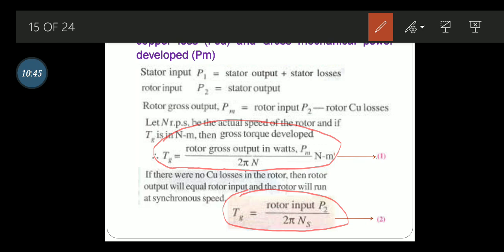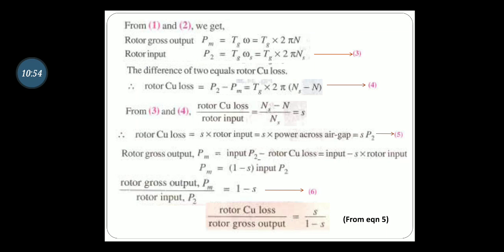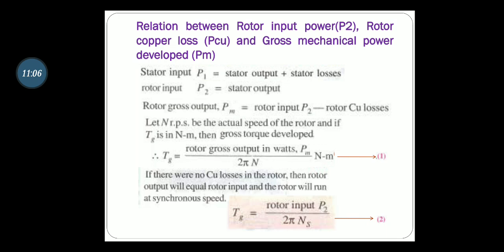So consider these two equations, and from equation number 1 we represent the rotor gross output.